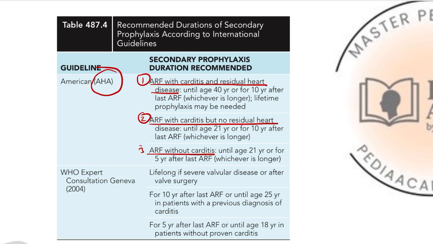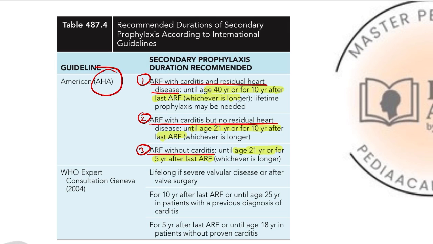Okay. So for the first, they are recommending until 40 years of age or 10 years after the last ARF, whichever is longer. In the second entity, they are saying until 21 years of age or 10 years after the last ARF, whichever is longer. ARF without carditis, they are saying 21 years or 5 years after the last ARF.